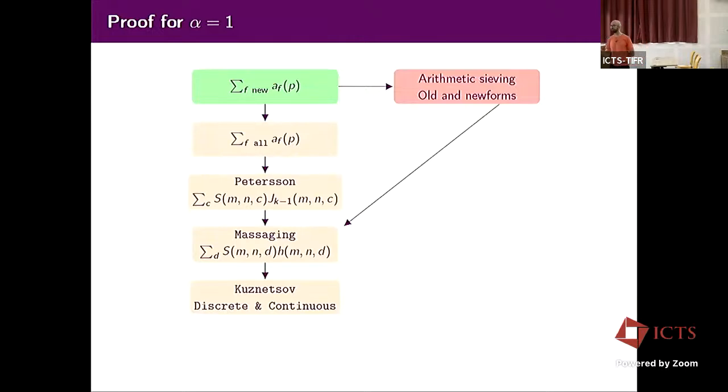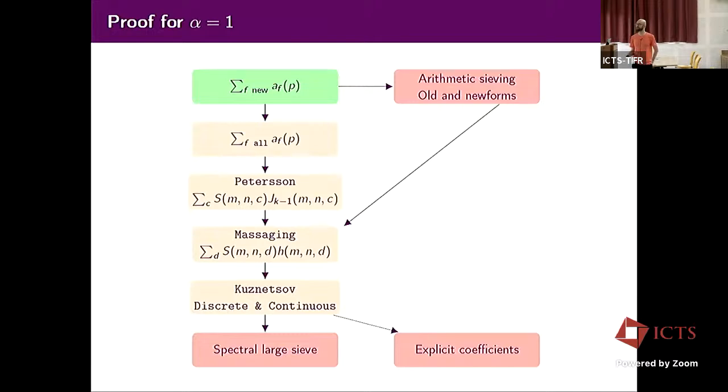And here it's pretty lengthy, but there's no hidden or new trick. So for the discrete part, you can bound using the spectral large sieve or bounds towards Ramanujan, Ling. And for the continuous part, you can use Matt Young's work on making everything explicit. Fourier coefficients are explicit, cusps are explicit, etc. And you can just bound everything pretty roughly.